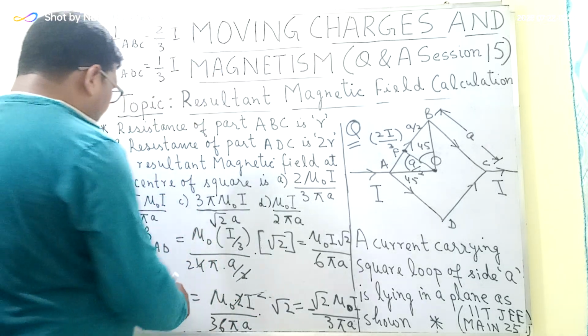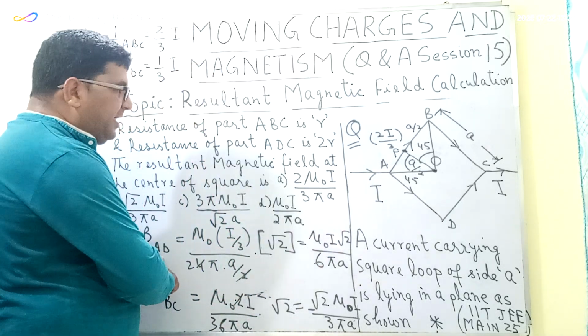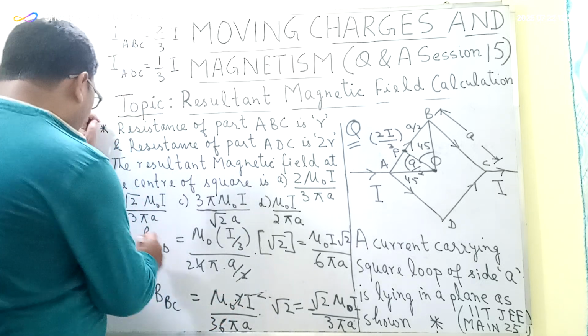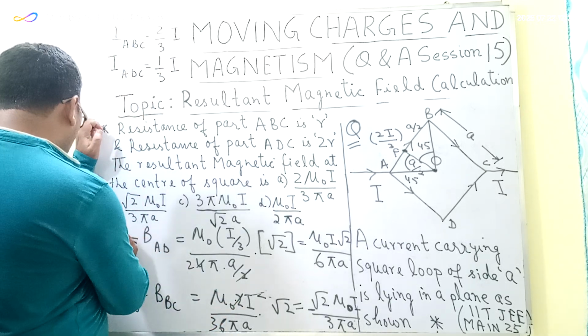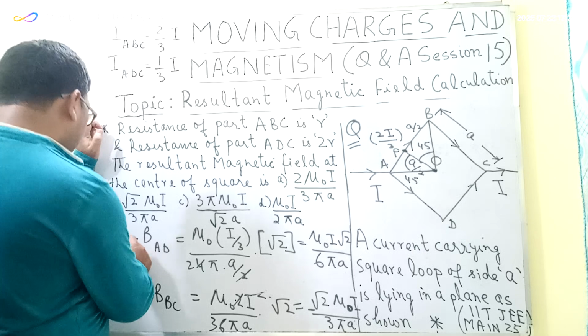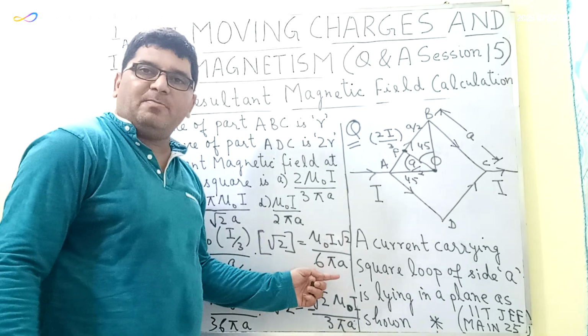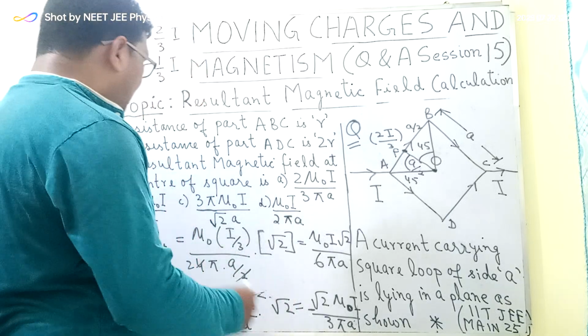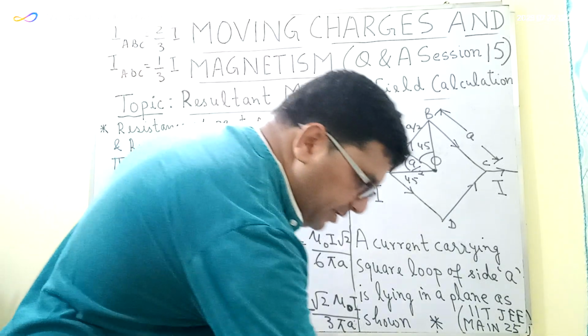So the magnetic field due to this part AD and due to the part DC will be taken as positive. So here the magnetic field due to the part AD will be equal to the magnetic field due to the part DC, and its value will be taken as positive because the direction of the magnetic field is out of the plane.